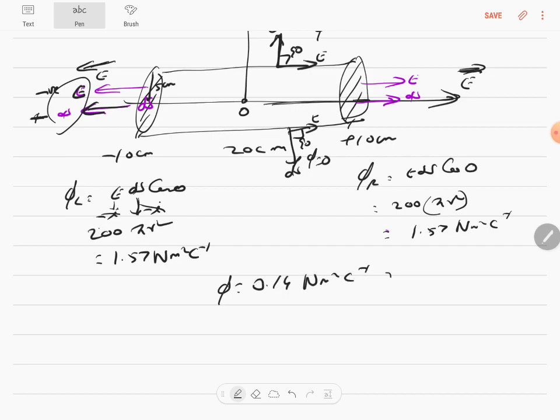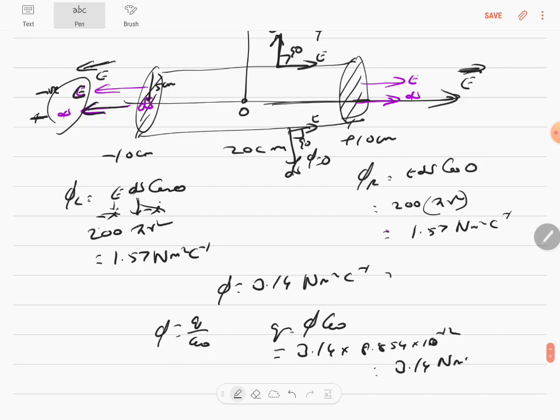And the next is by Gauss's theorem, the net charge. Whenever they ask you charge, flux is equal to Q by epsilon naught. So Q is equal to flux into epsilon naught. Flux itself is 3.14, into epsilon naught, 8.854 into 10 to the power minus 12. Therefore its unit is Newton meter square, so what is it? Coulomb.